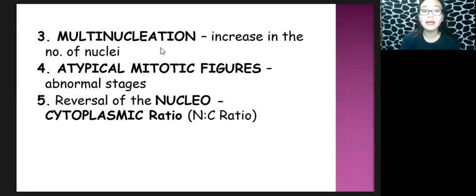And then lastly, reversal of the nucleocytoplasmic ratio. Remember that for mature cells, the nucleocytoplasmic ratio should be low, because the nucleus of your cells becomes smaller as your cell matures. If you can still remember hematopoiesis.